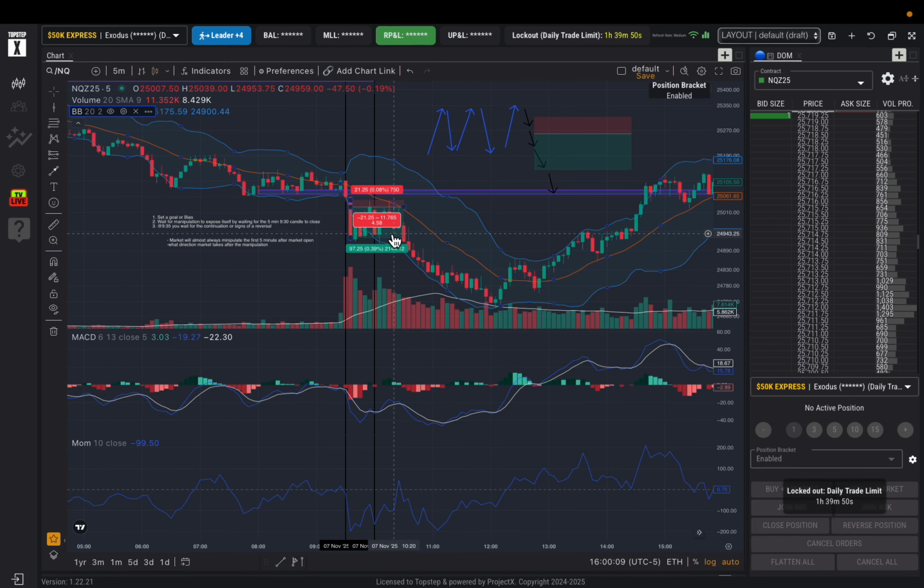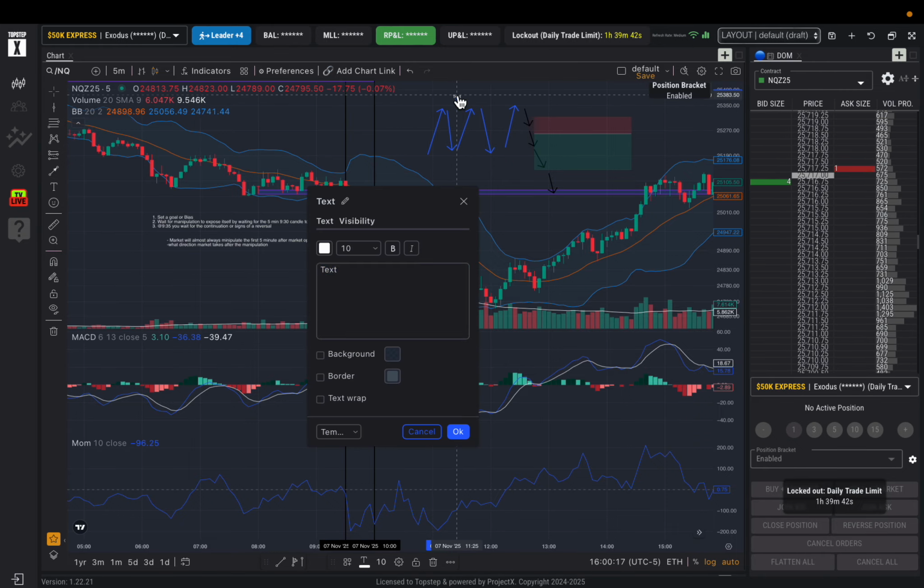It's just going down, down, down, right? So the blue right here symbolizes the first 5 minutes of market open, all right?